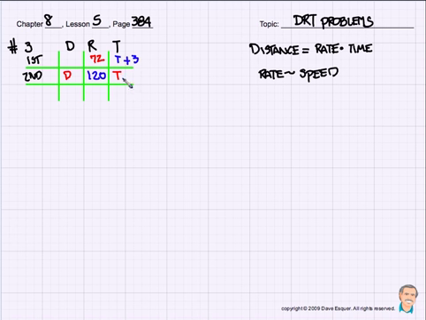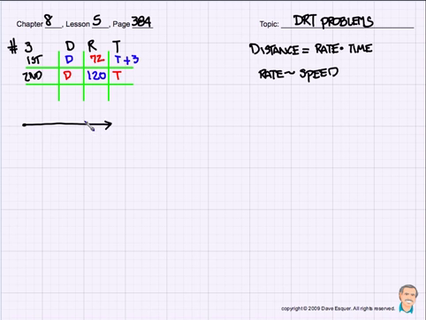The second train leaves at 120 kilometers per hour, but it left 3 hours later. The table said that was going to be the time. Well, if we think about the slower train, the slower train had to have 3 more hours because it left 3 hours earlier. And the question is, when will they both be exactly the same distance? Let's see if we can draw our picture.